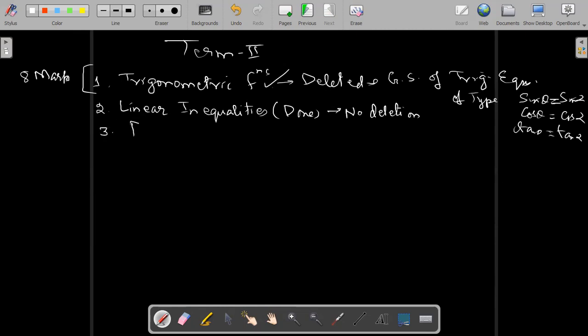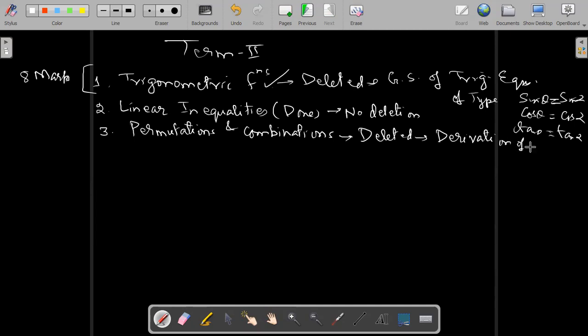Third, we have permutations and combinations. Here the derivation is deleted, the derivation of NPR and NCR, combination and permutation both.